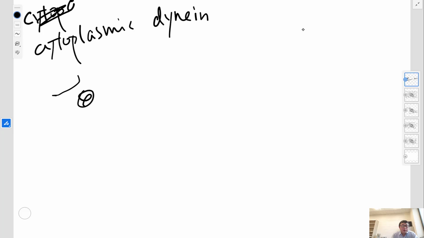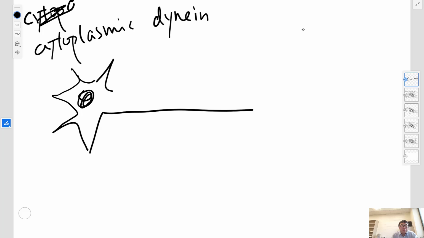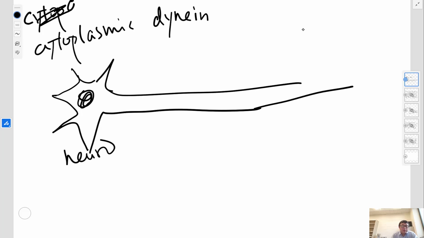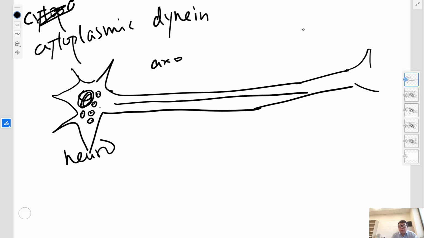Say this is a neuron, and this is the long axon of the neuron. Here is the cell body. Any particles made here need to be transported all the way to the axon terminal. How can they be transported?